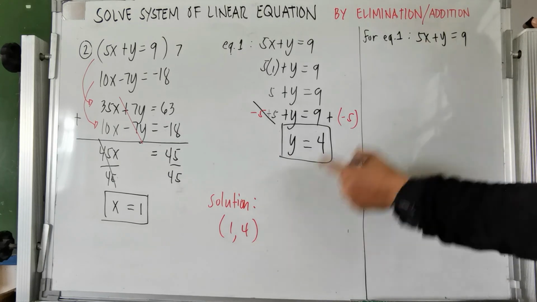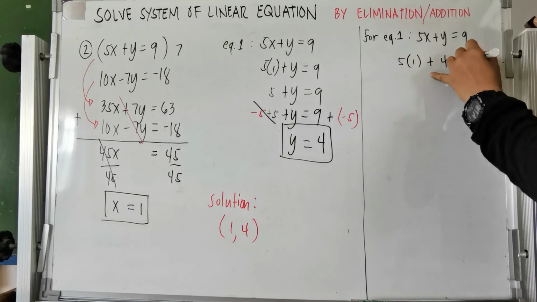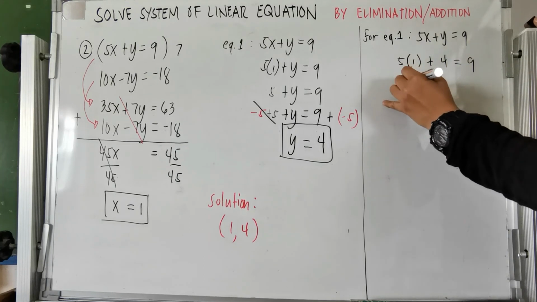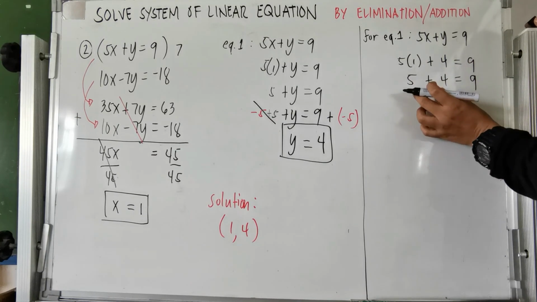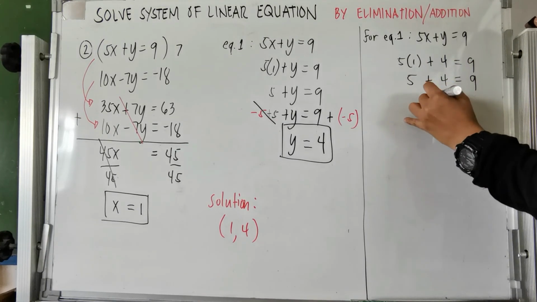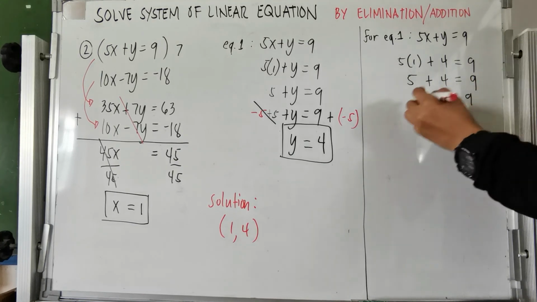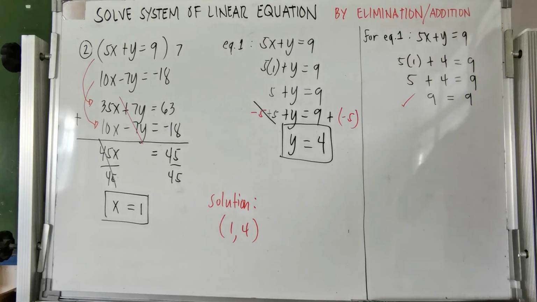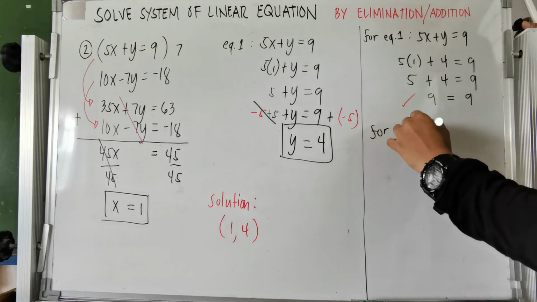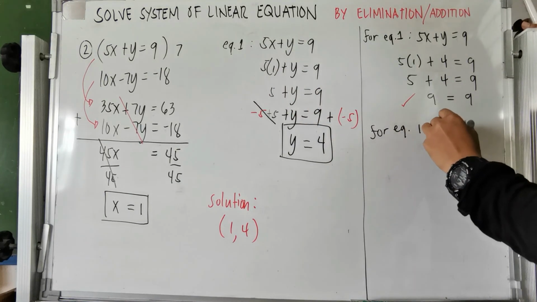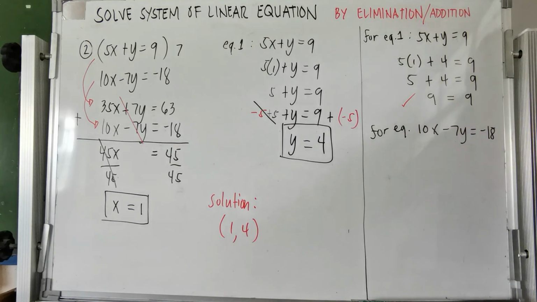If x is 1 and y is 4, we have 5 times 1 plus 4 equals 9. 5 times 1 is 5 plus 4 equals 9. So, simplify. 5 plus 4 is 9 equals 9. Ibig sabihin, equation 1 is nasatisfy ng ating solution. What about the second equation? Or 10x minus 7y equals negative 18.